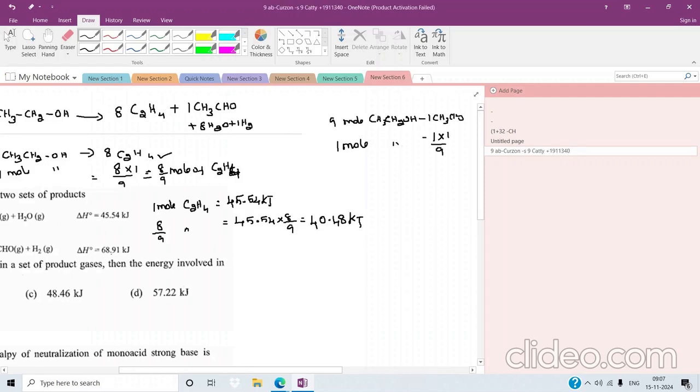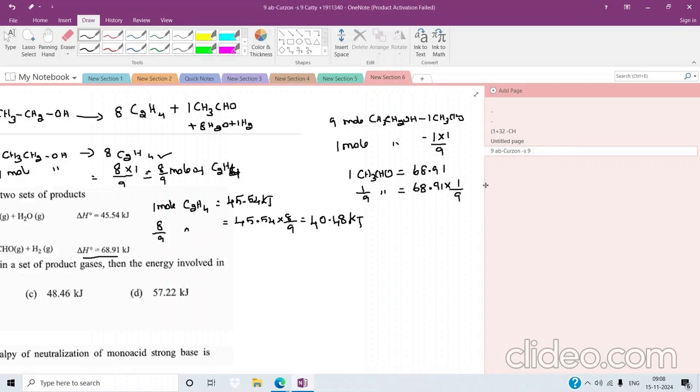So look at this, 1 mole of acetaldehyde from the decomposition of C2H5OH will involve 68.91, but we are getting only 1 by 9 mole of acetaldehyde, right? So 68.91 into 1 by 9.